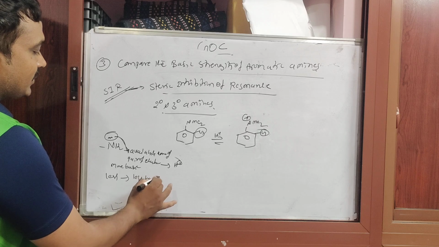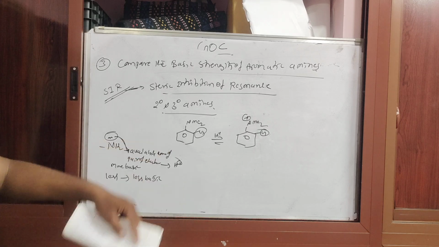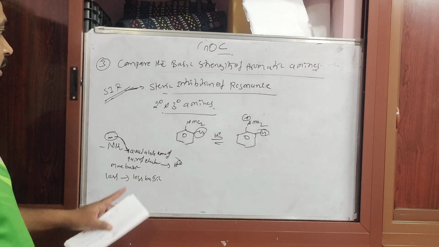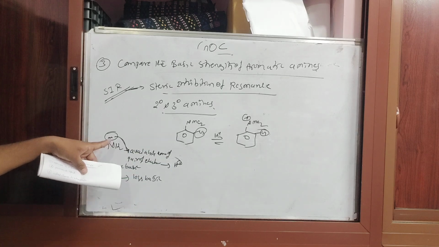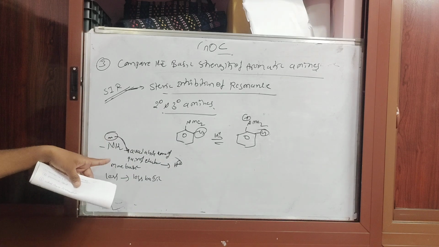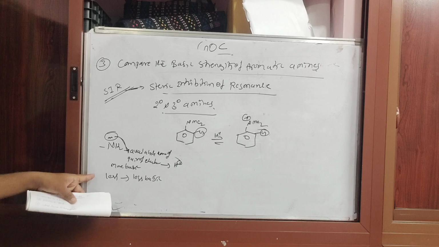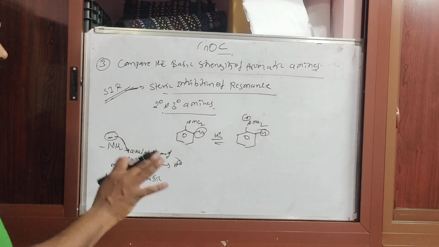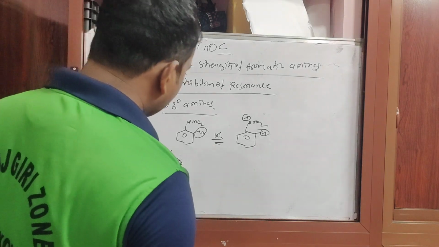Simple concept. Based on that only, we can compare the basic strength of the aromatic amines. If the lone pair of electrons is more available, then it is more basic. If it is less available, it is less basic. What will happen in this case?